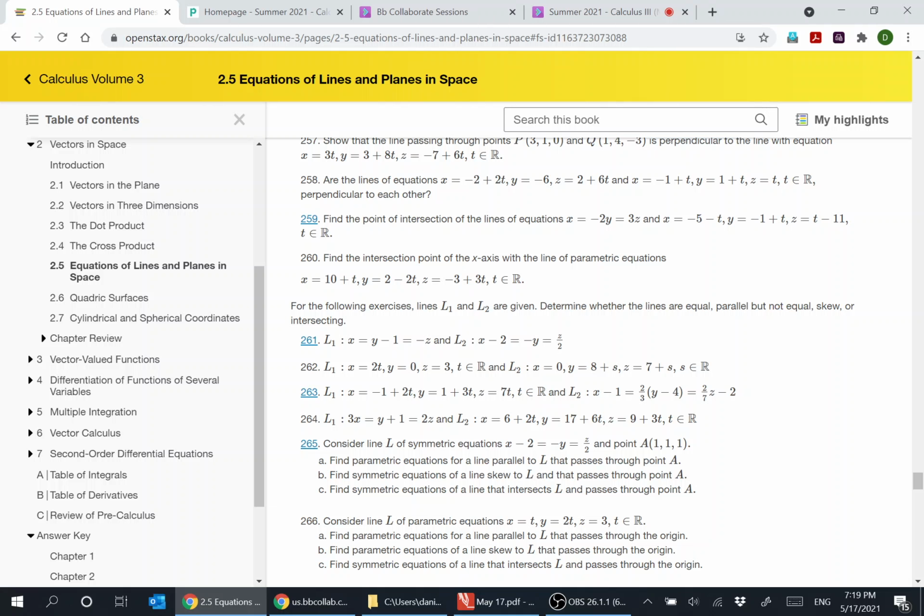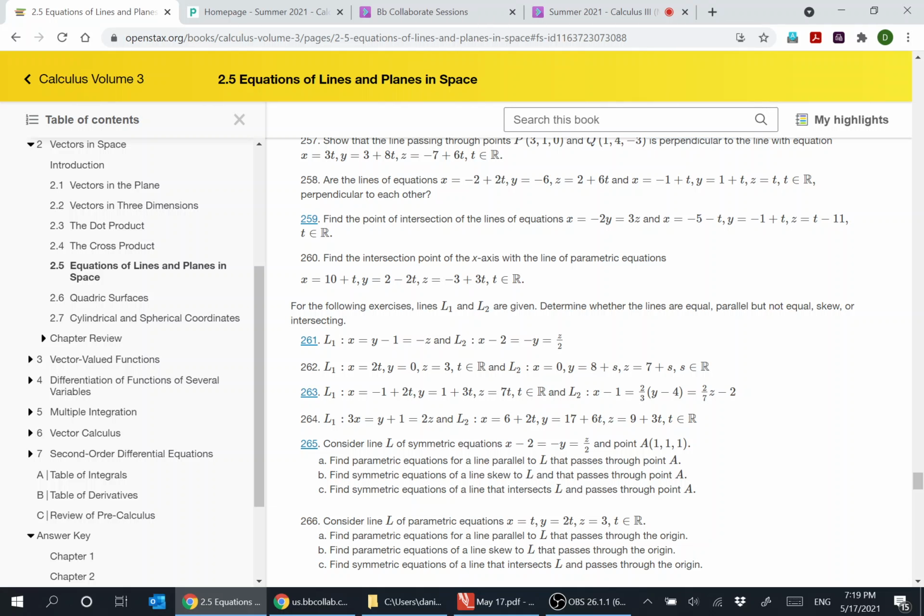All right, so some nice problems here. Skew would just mean not parallel but not intersecting. So let's talk about this. We've got 261, 264. Let's do all three of these. Maybe we'll get something interesting. Let's take a look.